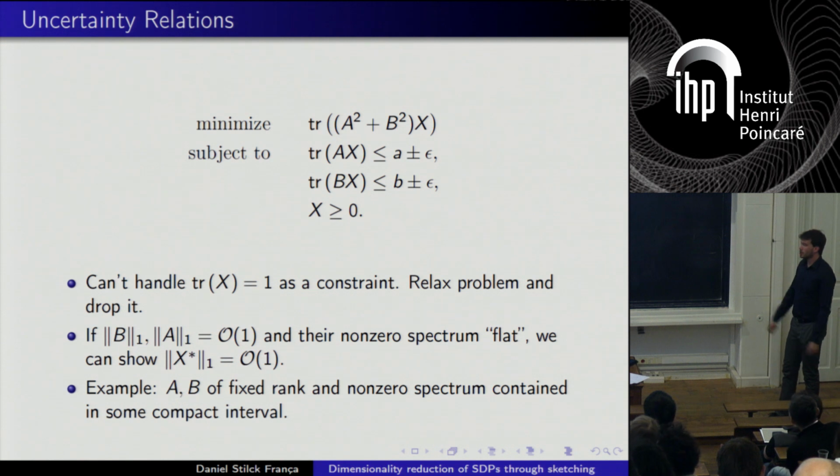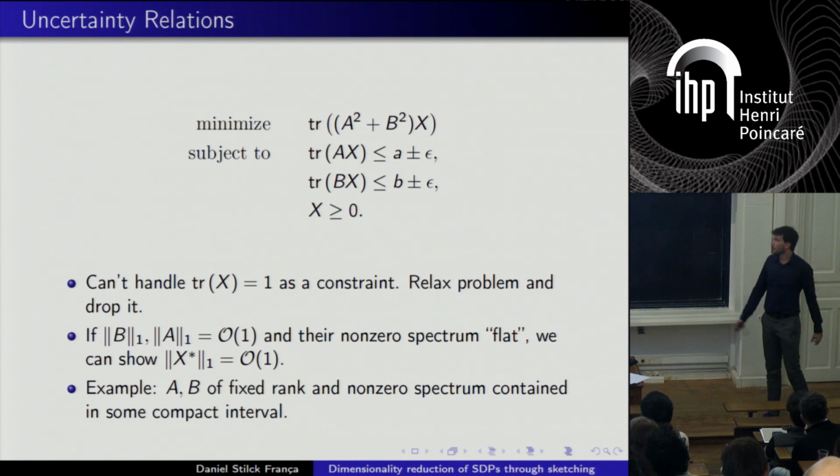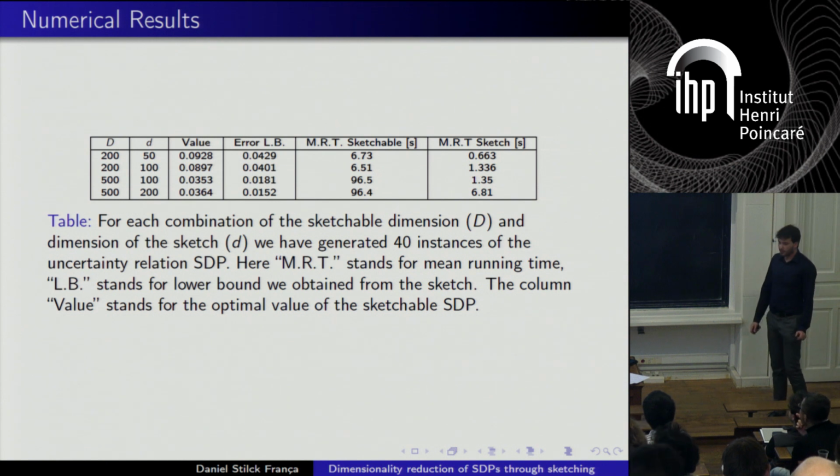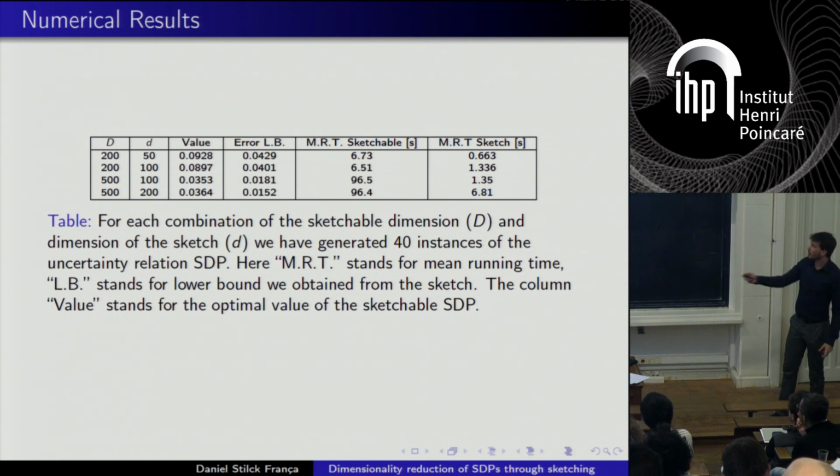So just to do some numerics and show you what we can do with this, let's take A and B of some fixed rank, and say that the non-zero spectrum of A and B is contained in some compact interval, which then gives you these assumptions. Large D is the dimension of the original problem.